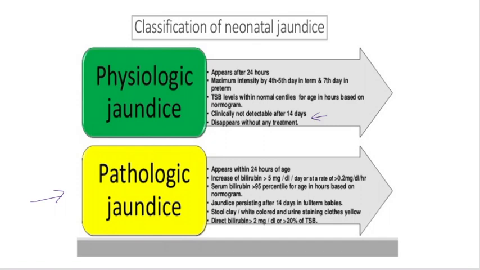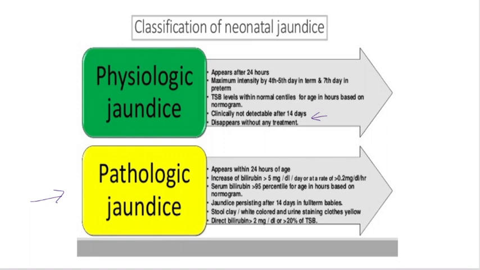When we talk about pathologic jaundice, it also appears within 24 hours of age, but on the underside of that 24 hours, we have substantial increases in bilirubin, and then jaundice is going to persist for 14 days. Stool clay colored, white colored, urine staining clothes yellow, and you're going to have issues with your direct bilirubin.